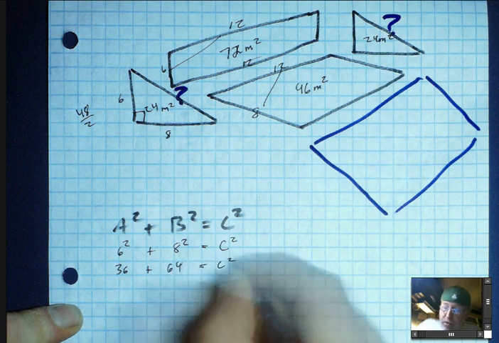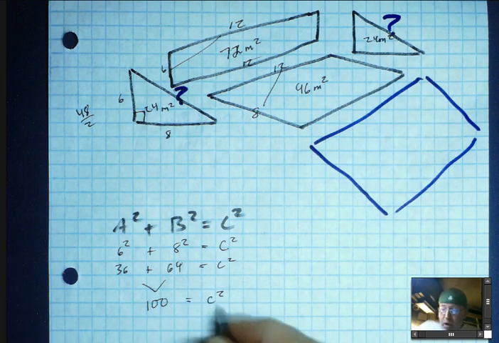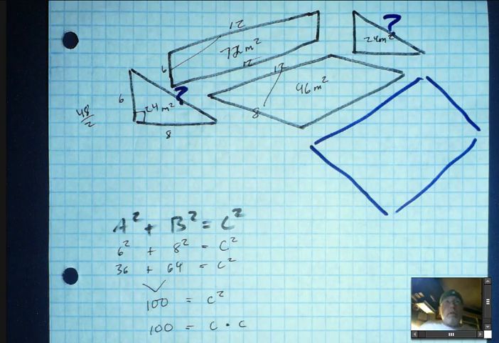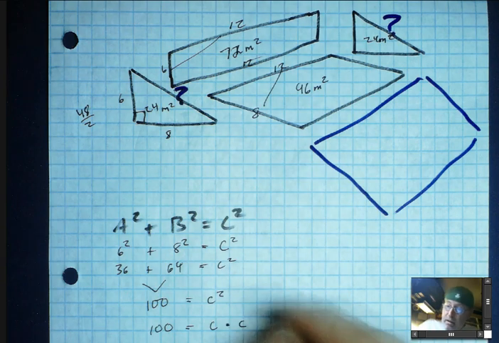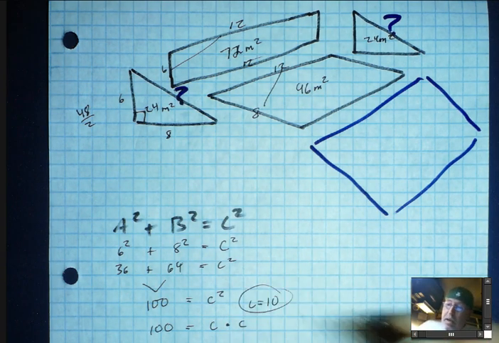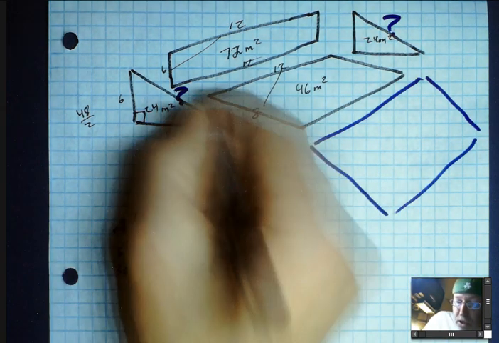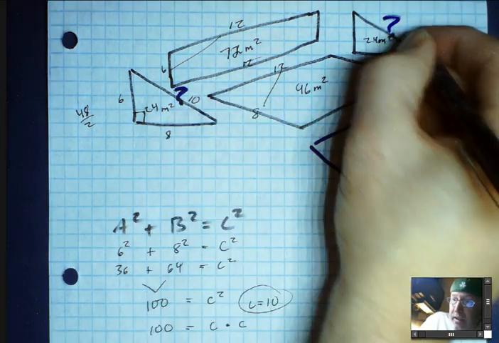We simplify: 100 equals c squared. That means 100 is equal to c times c. Well, we know c has got to be 10. So c equals 10, which means this side up here is 10.